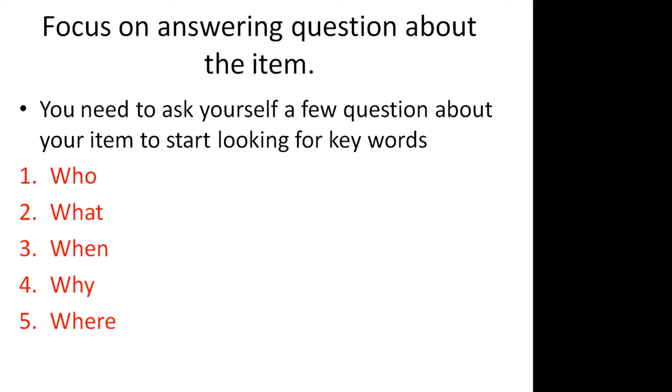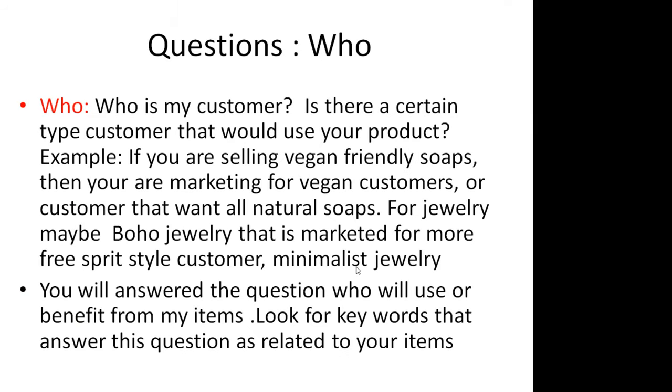What you're going to focus on is answering a few questions about the item itself to help you focus on your target customer. You're going to need to ask yourself these questions about who, what, when, why, and where. These are questions related to your product and to your customer. You're going to want to know who your customer is.